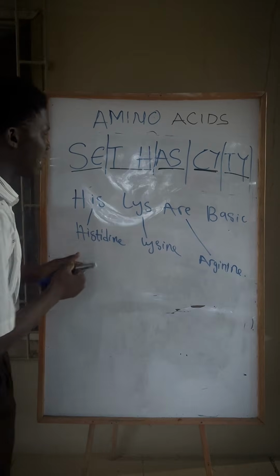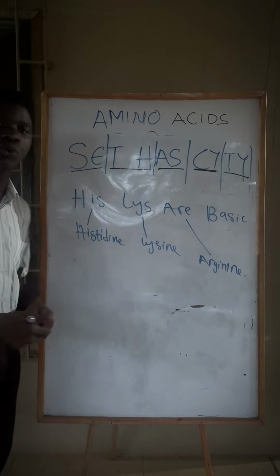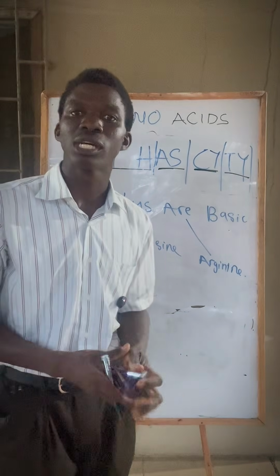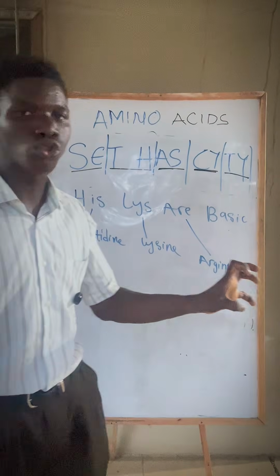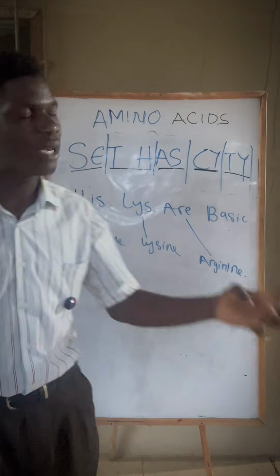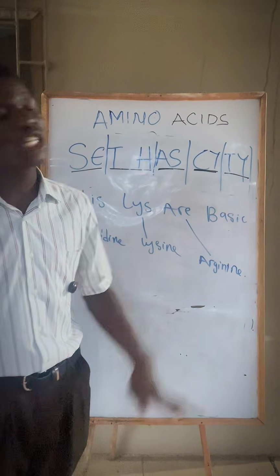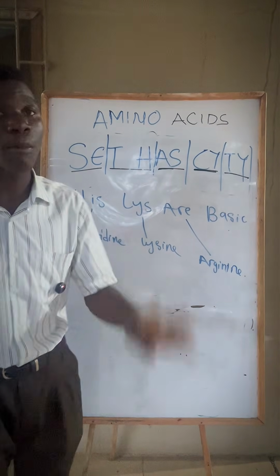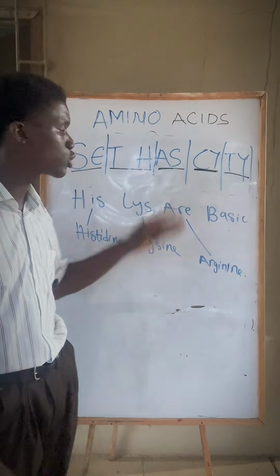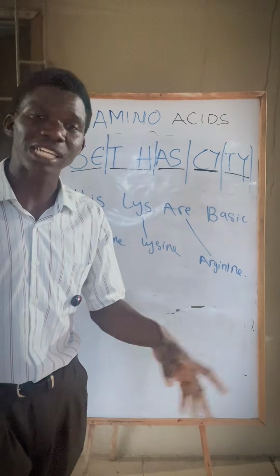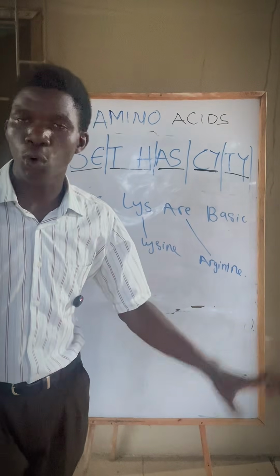Now, this 1, 2, 3, these guys are basic. It means that after drawing the normal structure of the amino acid, they are base, and base is spelled BASE. That is 4. It means they will have 4 more carbons after the backbone of the amino acid.